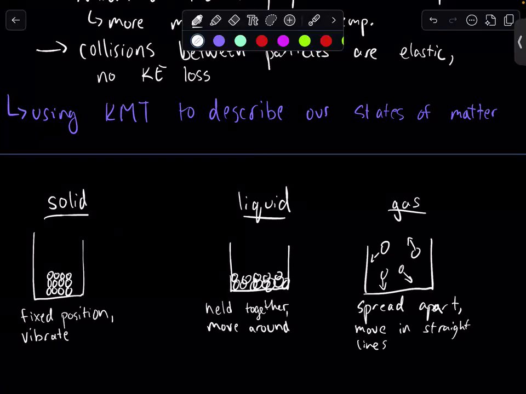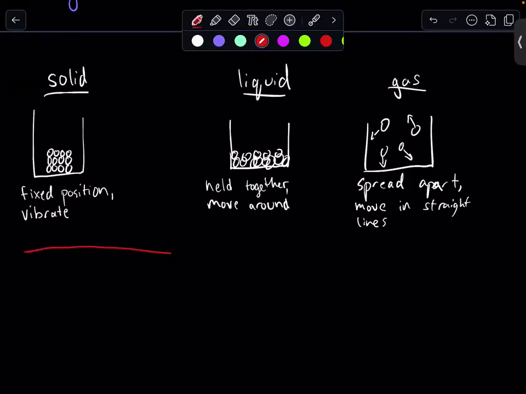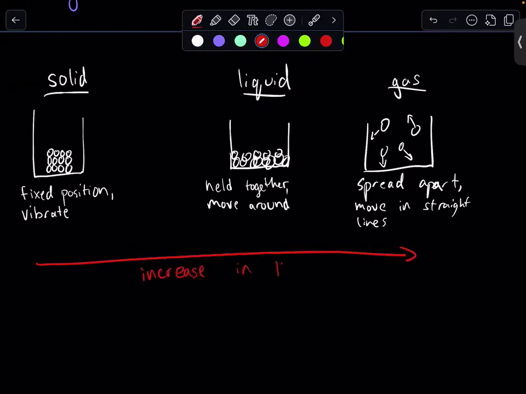They still follow Newton's laws where once in motion, they'll continue in motion, and they're not going to be diverging from their pathway. They'll move in straight lines. They're in constant motion. You'll notice they're not held together in any way, shape, or form. If we look at the kinetic energy trend, we have an increase in kinetic energy.